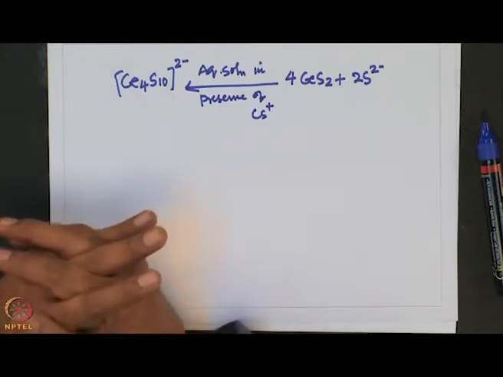Lead 2 sulfide occurs naturally as galena, PbS, which adopts the sodium chloride lattice, and it forms a black precipitate. So in qualitative analysis, formation of lead sulfide from the corresponding salts is used as an identification test for the cations.